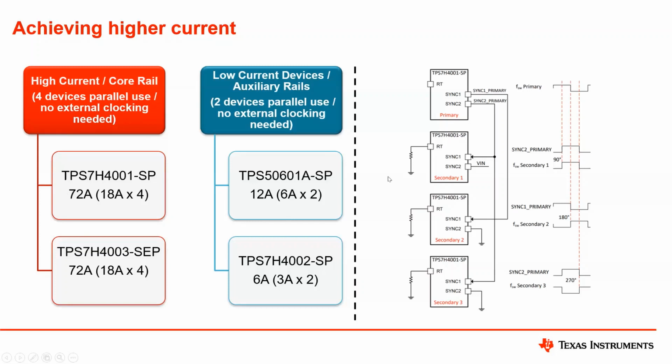You can find the data sheet online, which will have more information, but you essentially just tie the same pins together, fairly simple, and this will be 90 degrees interleaved, or 90 degrees out of phase to each device. So 4 devices, 72 amps total current rating, each channel 90 degrees out of phase.